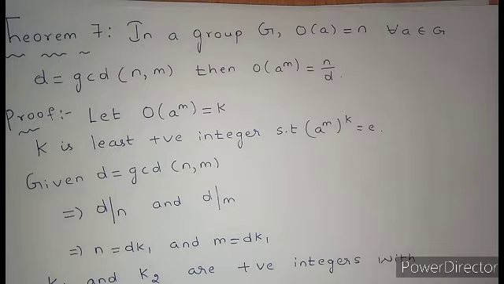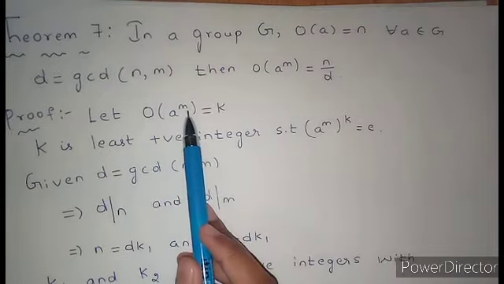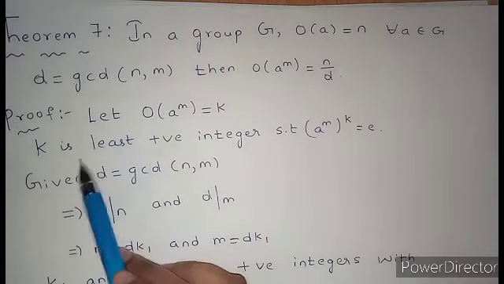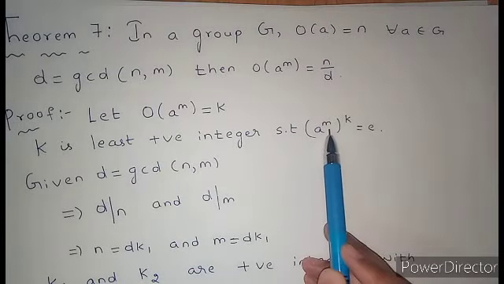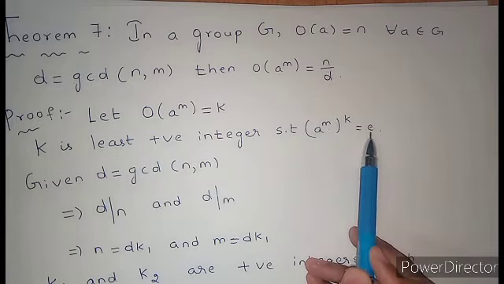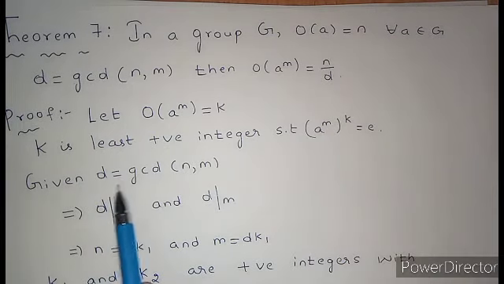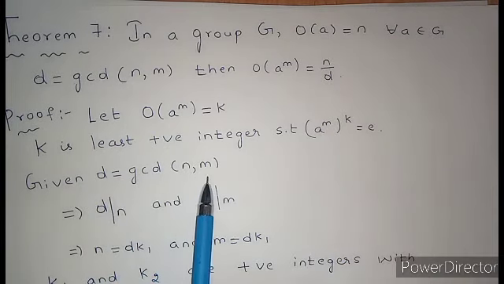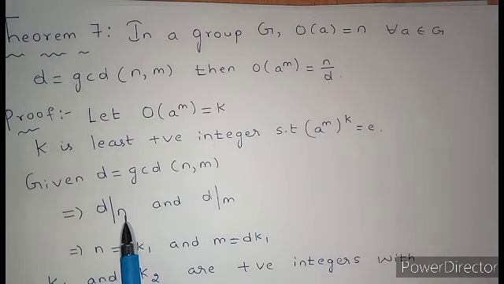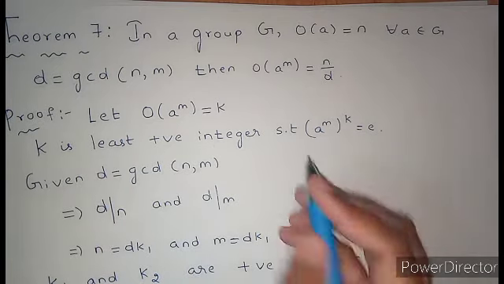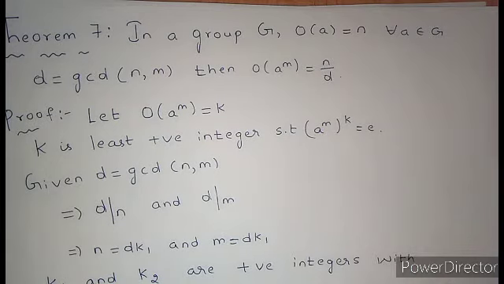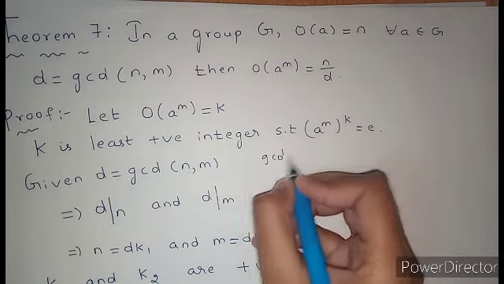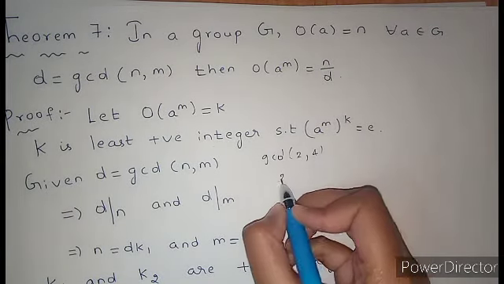Now first let us assume that the order of a power m is equal to k, where k is the least positive integer. So (a^m)^k is e. They have given that d is equal to GCD of n comma m. Here d divides n and d divides m. How? See, GCD of 2 comma 4 is equal to 2.